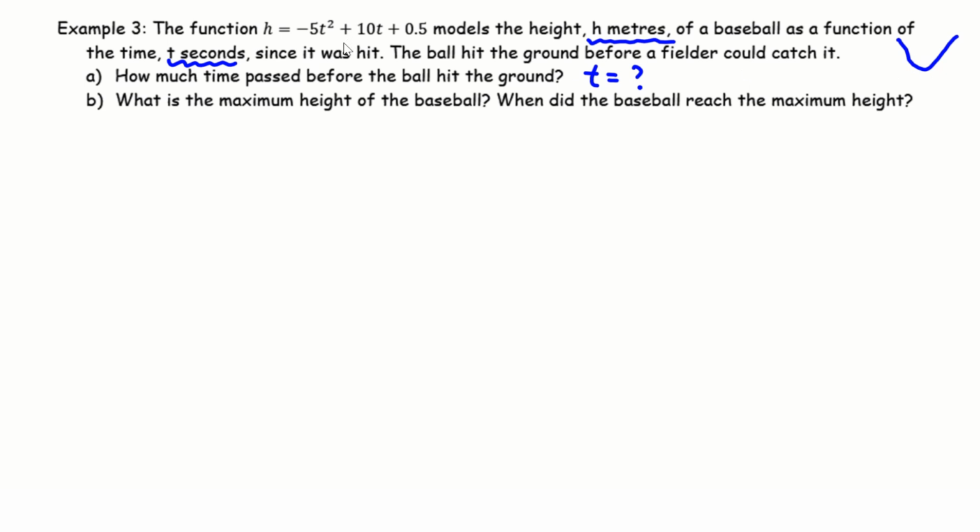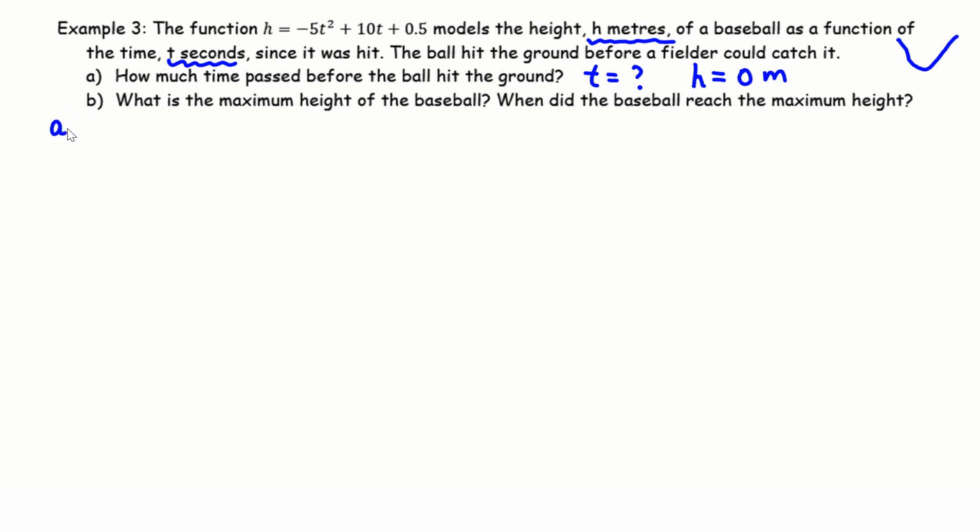That is the reason we don't know how to solve it. But once one variable is given and you have another variable left, we are able to solve it. So if we are looking for t, then we want h to be given. The ball hit the ground, so h is 0.